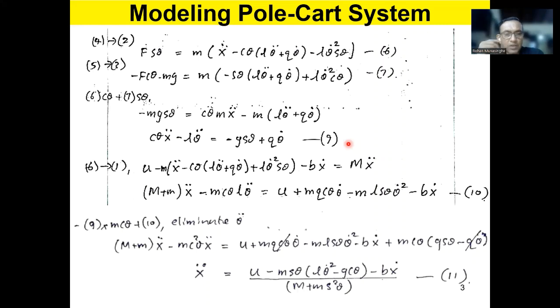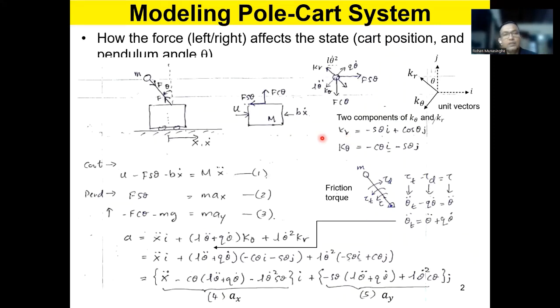Now, this is not enough. We need another equation because we have two accelerations, x double dot and theta double dot. Of course, we have one we have not used yet, equation number 1. So again, you have F sine theta. We want to get rid of this one.